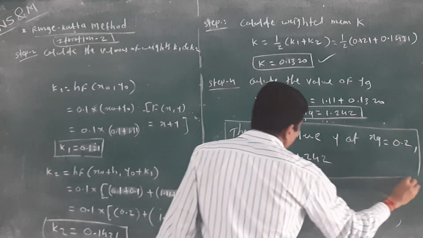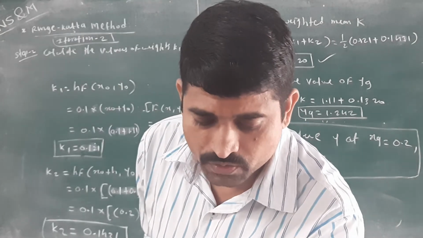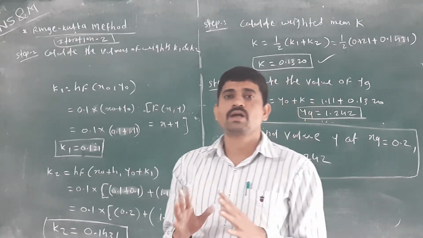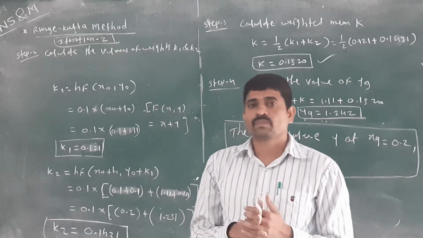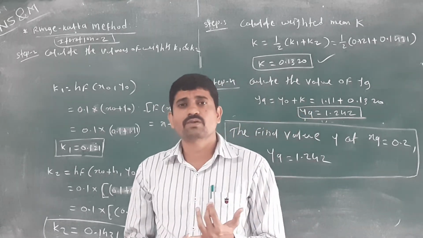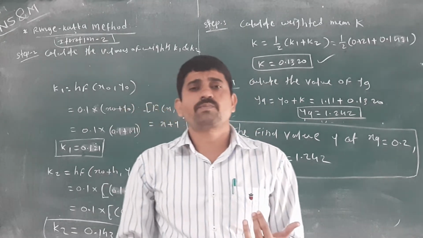Okay. How many steps are we getting? We got 2 steps. How to solve the given Runge-Kutta second order method? First you should remember that we want to calculate the number of steps. What is the formula?